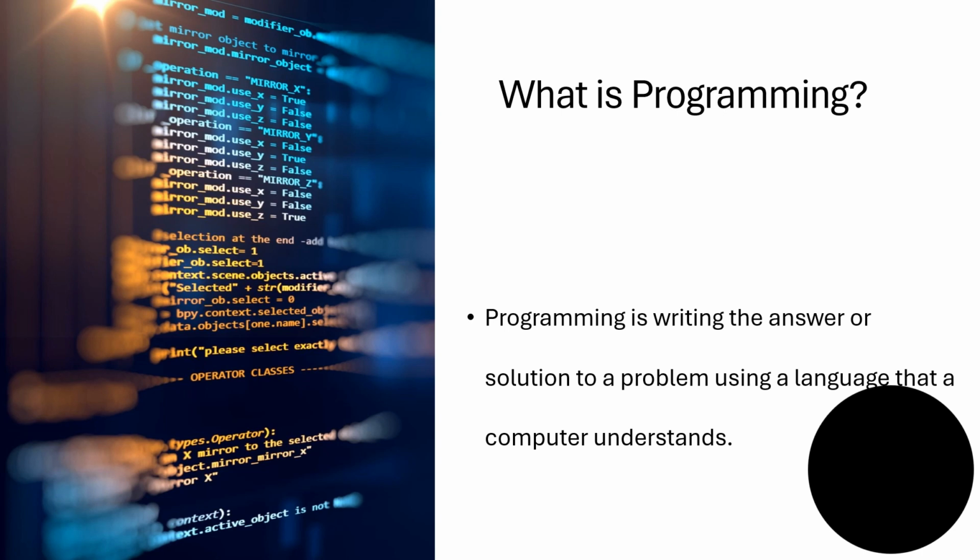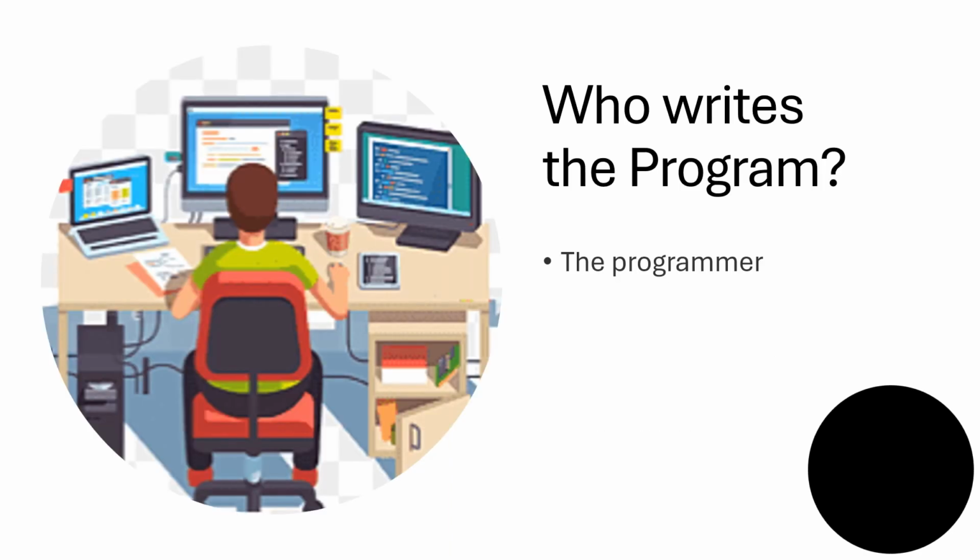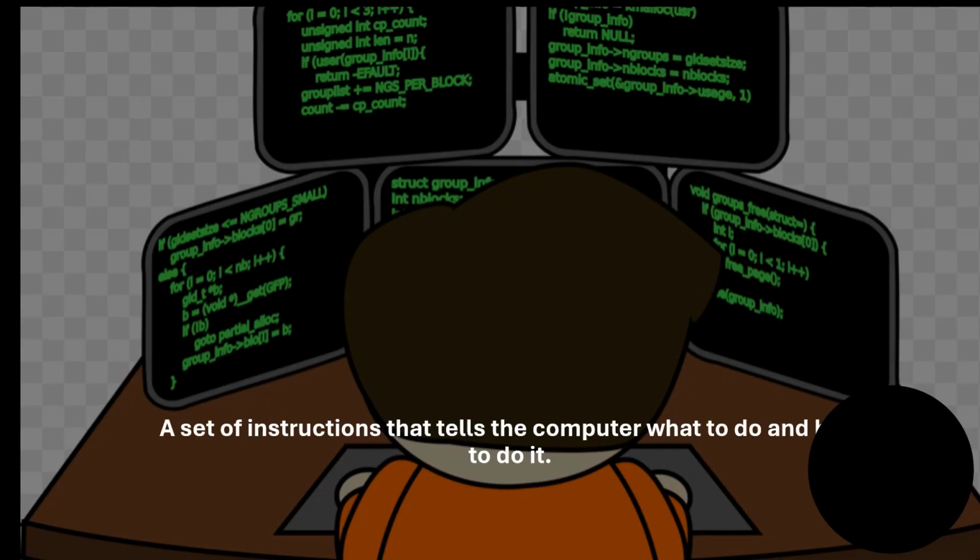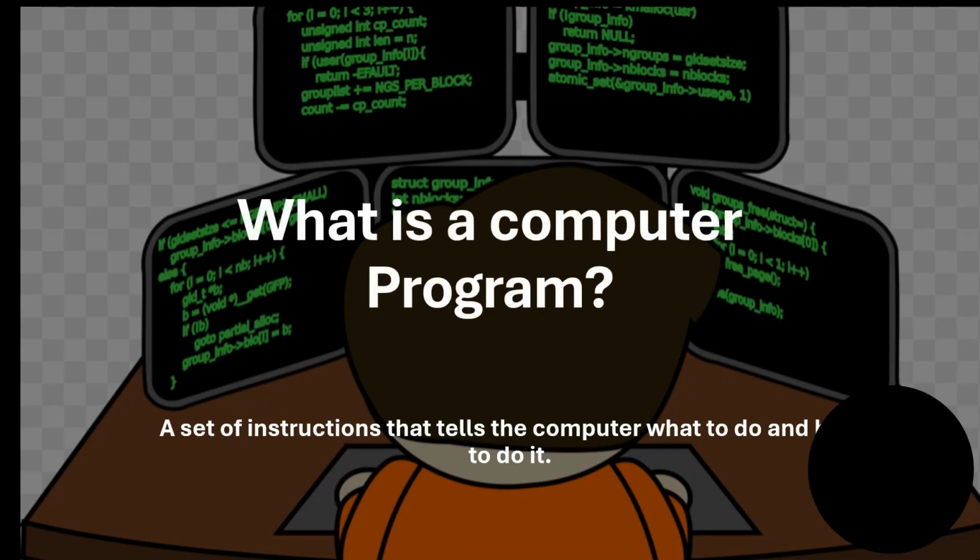Now, the programmer is the person who is going to instruct or tell the computer how to solve the problem, right? Now, you're going to ask me, what is a computer program then? Well, it is a set of instructions that tell the computer what to do and how to do it.